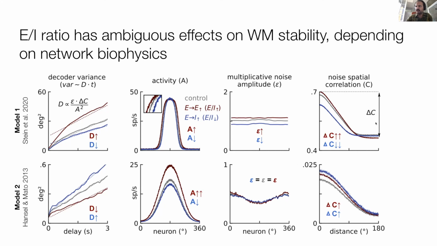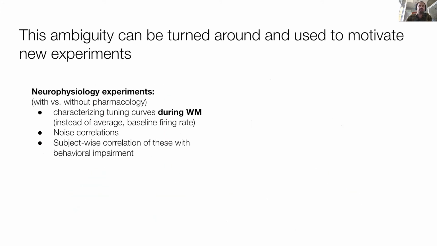And if you look at this amplitude, which is what goes into the formula, you see an increase of these correlations as you increase the EI ratio, and a decrease when you decrease the EI ratio. This could be bad news, or you can turn around and try to derive experiments to test in which regime the cortex is operating.